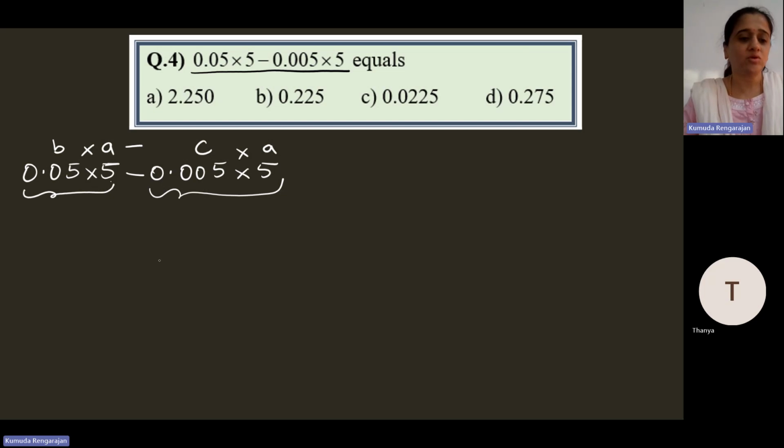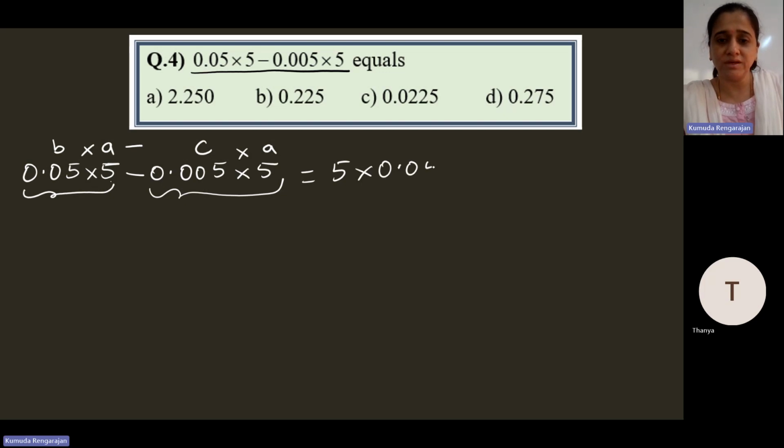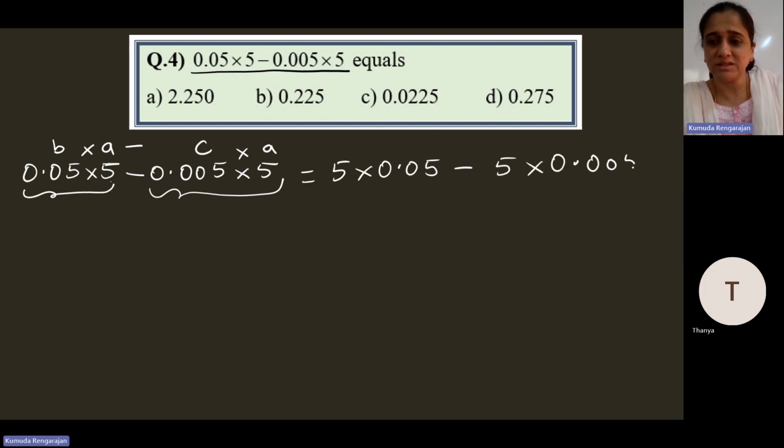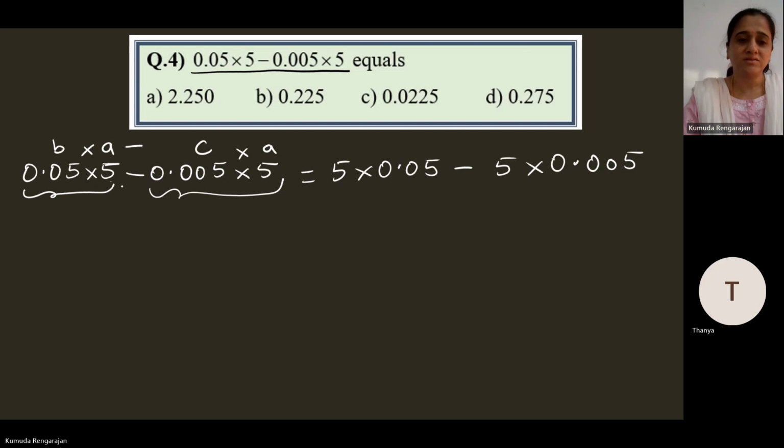So you can also rewrite this as A into B minus A into C. You can write 0.05 into 5 as 5 into 0.05. Similarly, you can write 0.005 into 5 as 5 into 0.005.